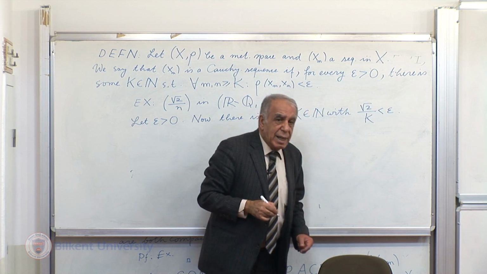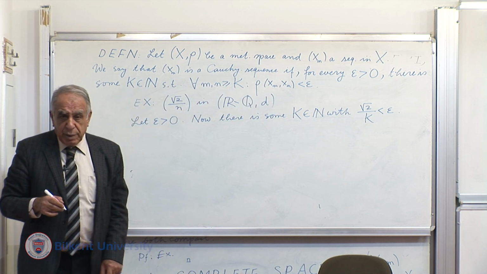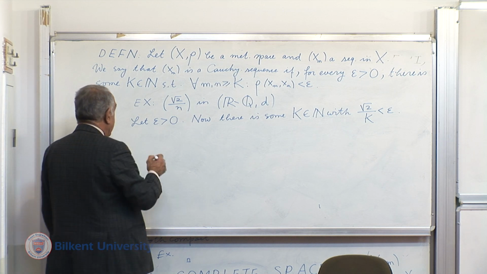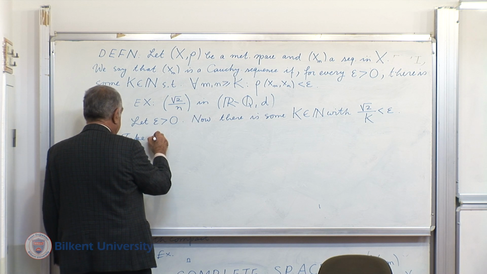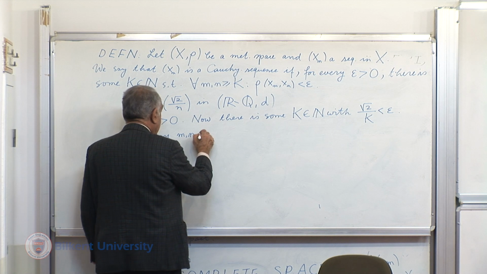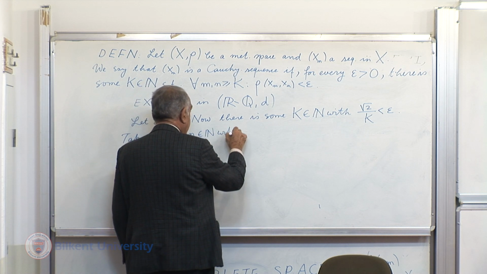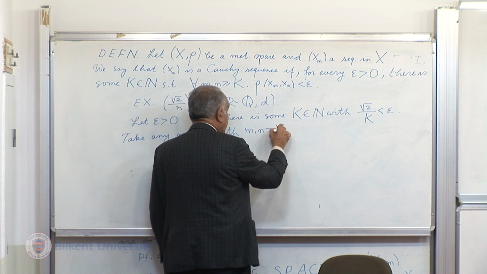Now let us take any two naturals larger than or equal to k and check whether that works or not. Take any m, n in N with m, n larger than or equal to k.